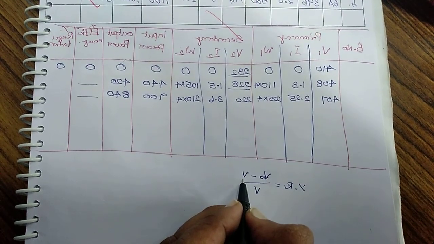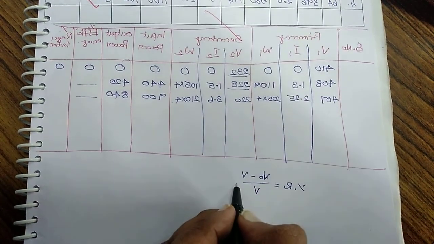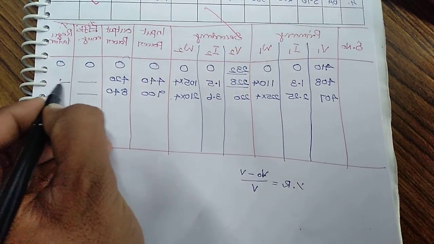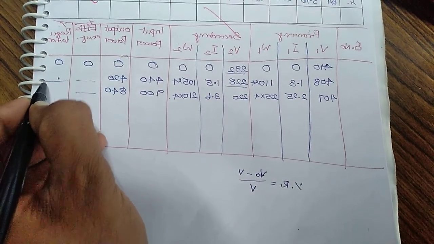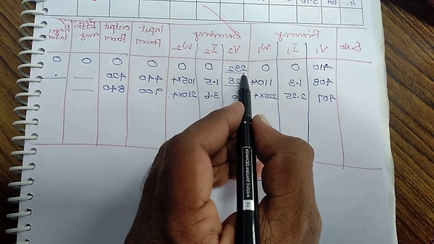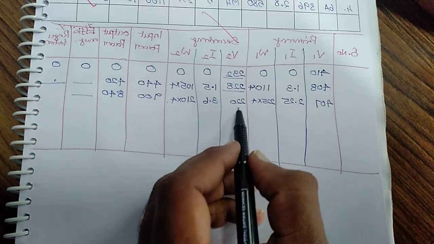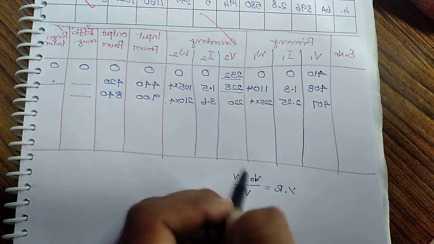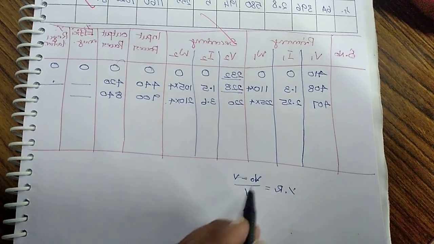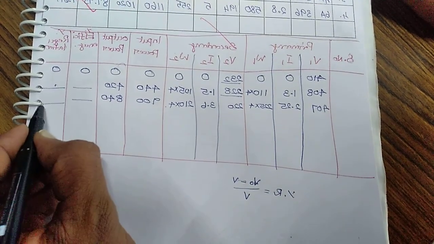If you put 228 here, you can calculate the percentage voltage regulation. For the next load condition, V0 is the same no load voltage, 232, and for this load the voltage V is 220. Putting in 220, you can calculate the voltage regulation under this condition.